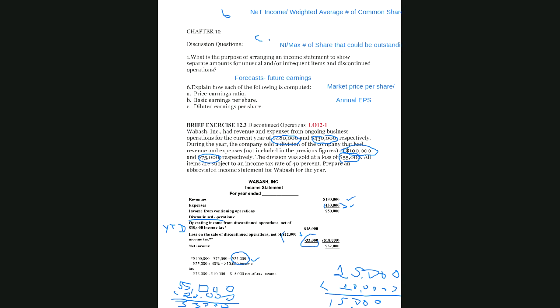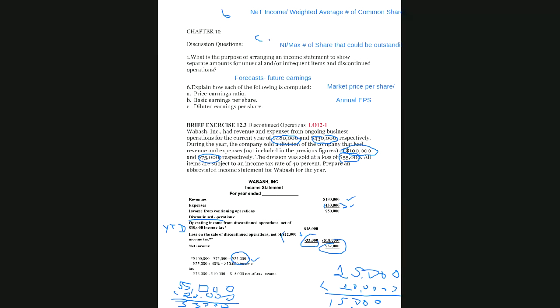That's a net loss on the disposal of the segment, and we're going to subtract that from discontinued operations. So what is the net income for Wabash Corporation for this particular year? $32,000.